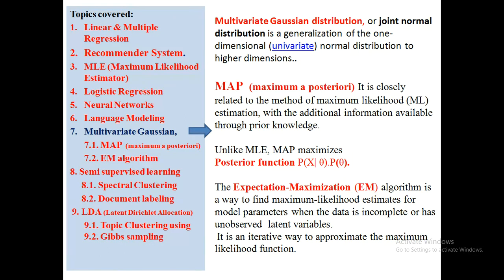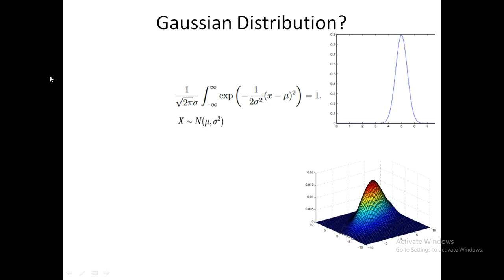The next topic we discussed was the multivariate Gaussian distribution. The multivariate Gaussian distribution, also called the joint normal distribution, is a generalization of the univariate normal distribution. We may look at equations like this.